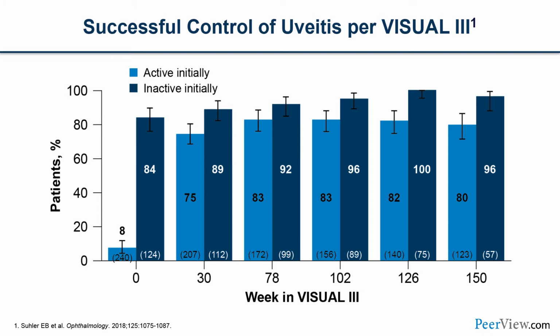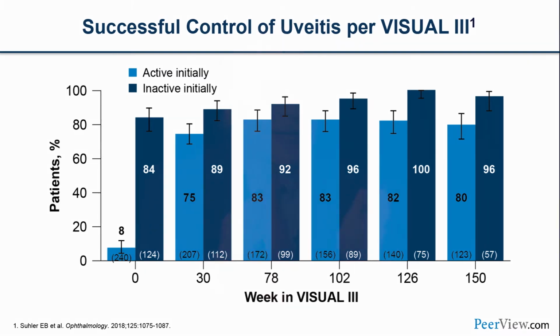In other words, adalimumab is an incredibly effective drug if you are a little bit lax with the guidelines, lax compared to Visual 1 and Visual 2, and allow a little bit of corticosteroid, either topically or by injection, or even a small dose orally for additional control. It works incredibly well.